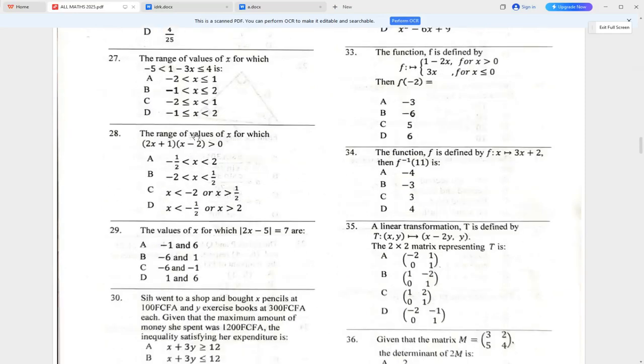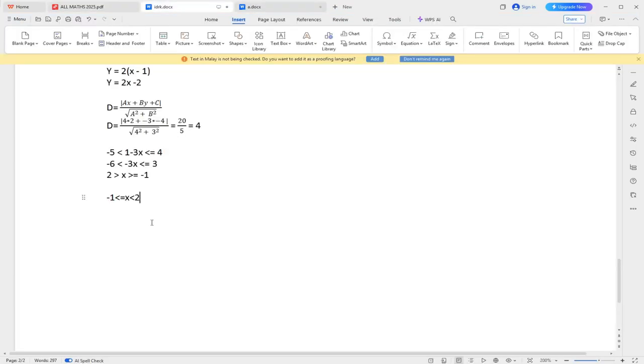Now question 28, the range of values of x for which 2x plus 1 times x minus 2 is greater than 0 is. From this, we have our two factors, which are 2x plus 1 and x minus 2. We start by solving them independently. You can say let 2x plus 1 be equal to 0, and let x minus 2 be equal to 0.